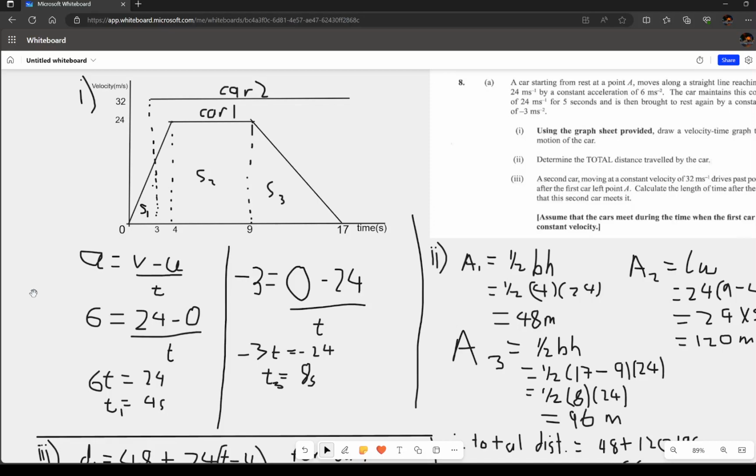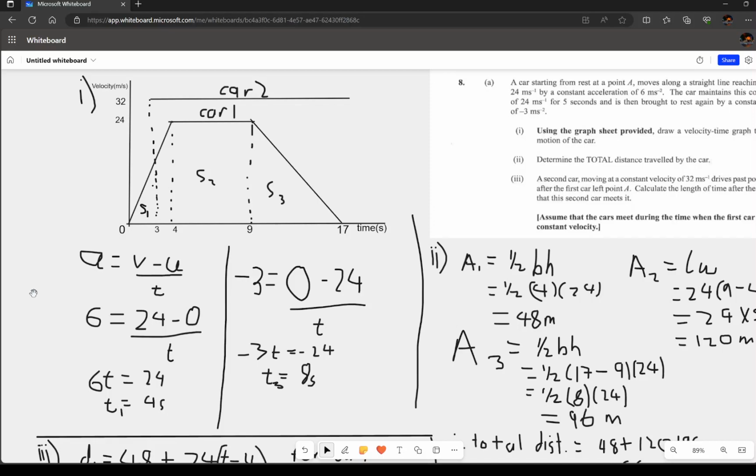But as we just talked about, this car did not start at t equals 0, right? So if I was to put 32t as my equation, then that means that at t is equal to 1 second, I would have a distance of 32 meters. But of course, I haven't started.